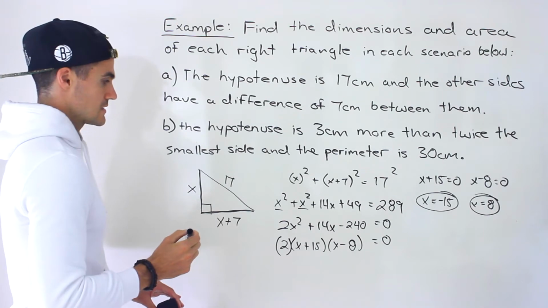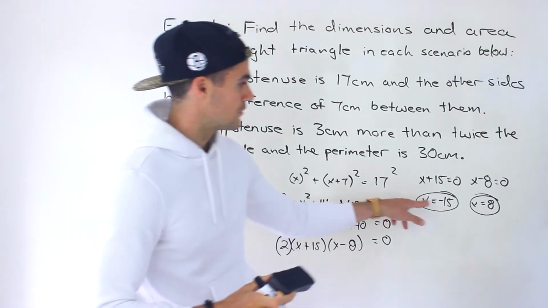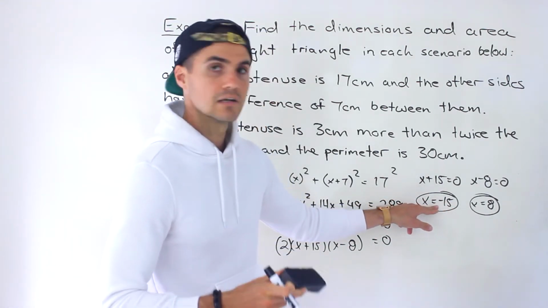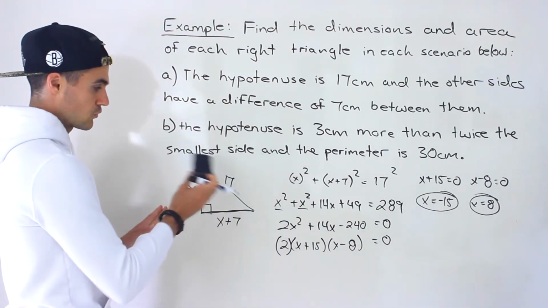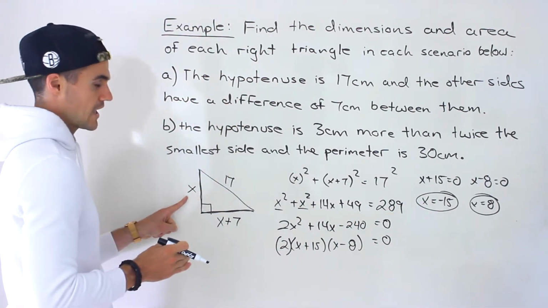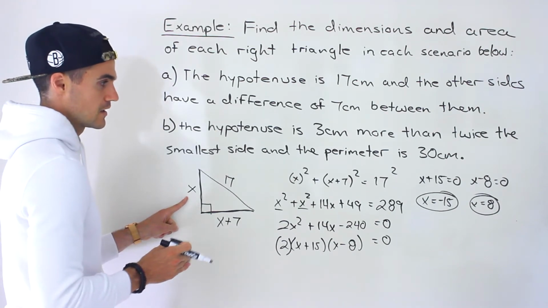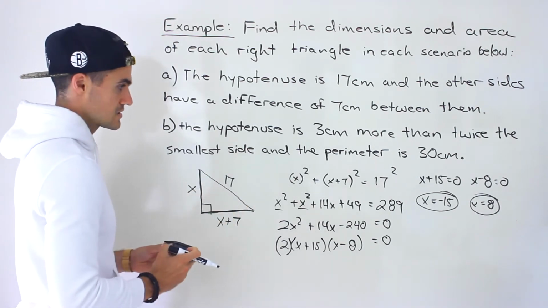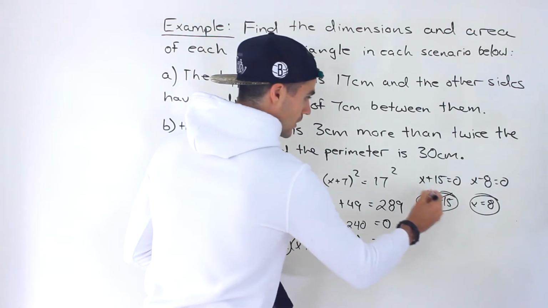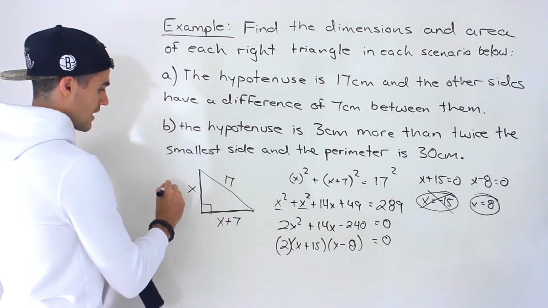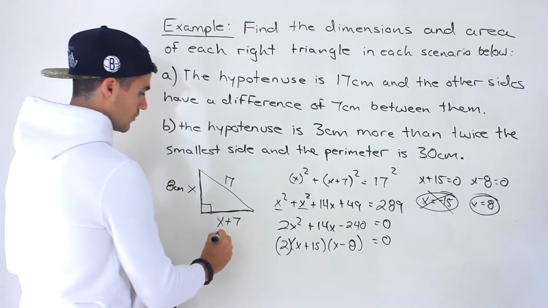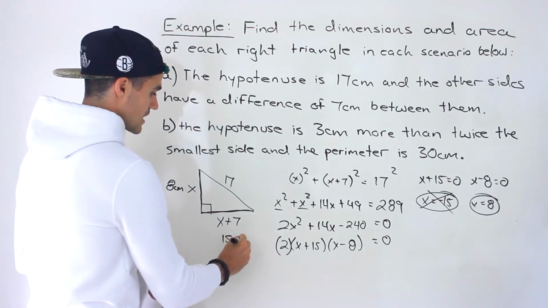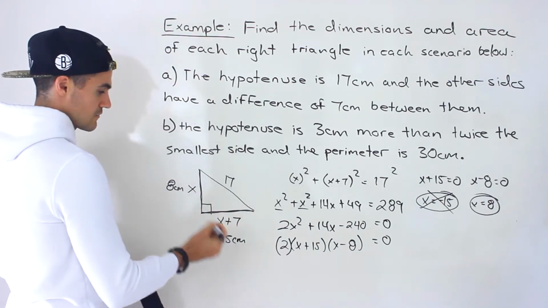And notice that with both of these solutions, negative 15 is not admissible in terms of the actual word problem we're dealing with, because you can't have a negative side. But notice 8 does work out. With an x value of 8, we would have 8 centimeters over here, and then over here we would have 15 centimeters, which would be 8 plus 7.